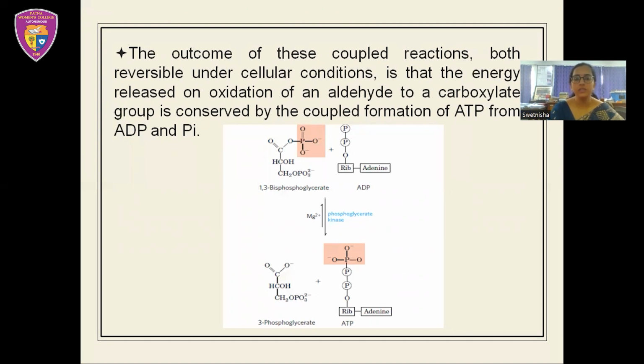The reaction is catalyzed in the presence of magnesium ion by the enzyme phosphoglycerate kinase, which converts it into 3-phosphoglycerate and ATP. So here you can see in this image that the phosphate group present at C1 of 1,3-bisphosphoglycerate is transferred to the ADP, where it is stored as ATP.